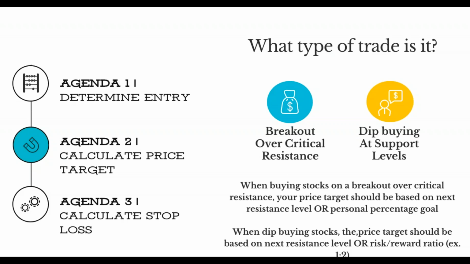We talked about on the last slide, when dip buying stocks, on the bounce, it starts to approach these critical resistance levels, and in order to establish an uptrend or a trend reversal, it's got to break over these resistance levels. So I recommend setting a price target at that next resistance level if it's within your price target range. Maybe it needs to break over a resistance level, and you can set your price target at the next highest resistance level.